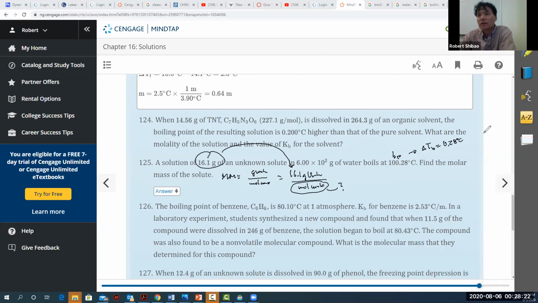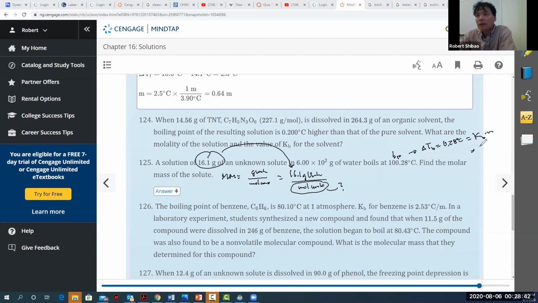Delta T sub B is equal to KB times little m. I know what KB is, so I can figure out little m.